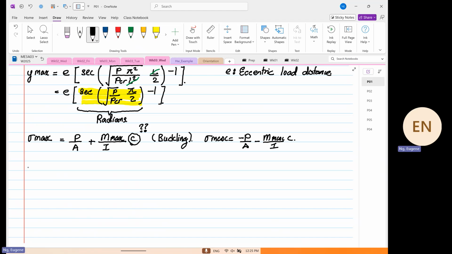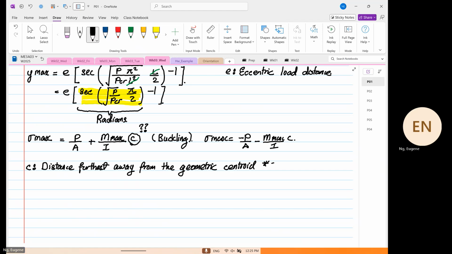C is the distance furthest away from the geometric centroid. I will show you how to find this value.